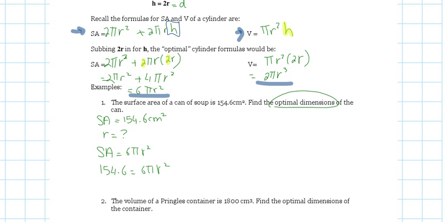So 154.6 divided by 6 pi. Make sure on the calculator you put the 6 pi in brackets. And then to find the radius, you just square root.